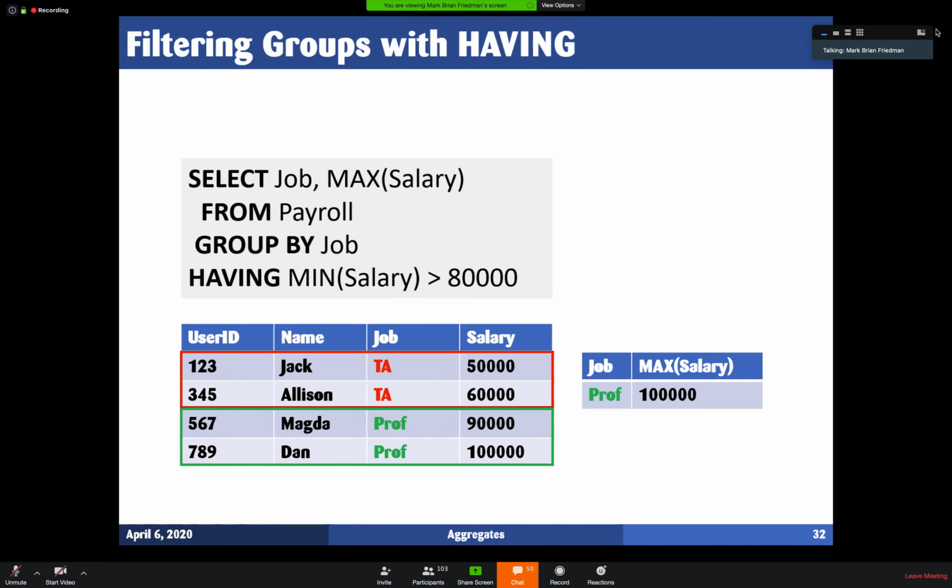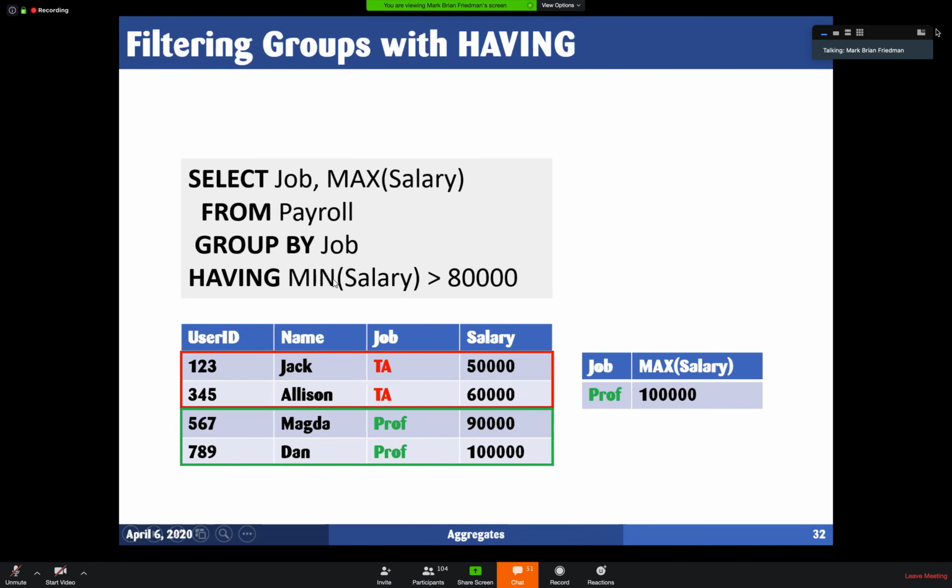Just showing you how it works. Whether that was what you wanted, just to find the profs, the people who have more than 80,000. But when you ask for that in the having, you're going to throw away groups where the maximum salary is less than 80,000.